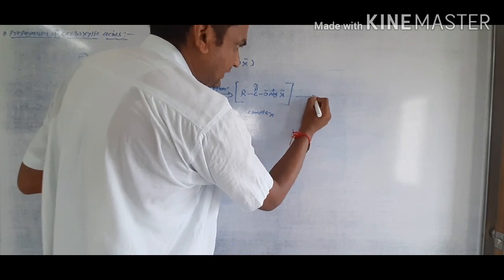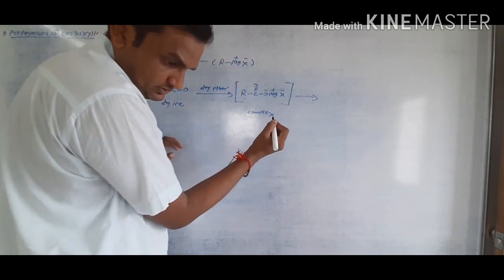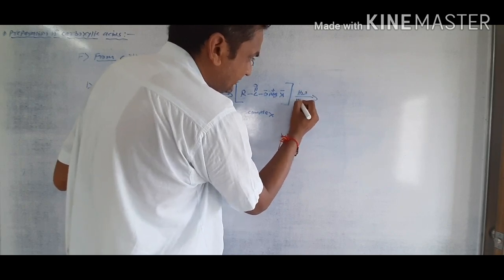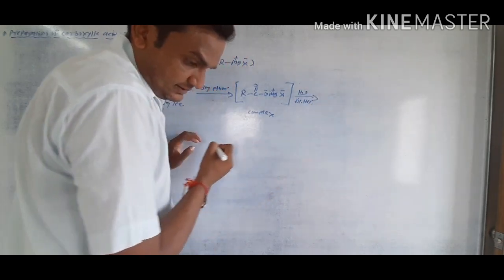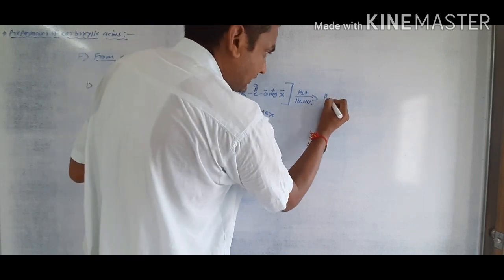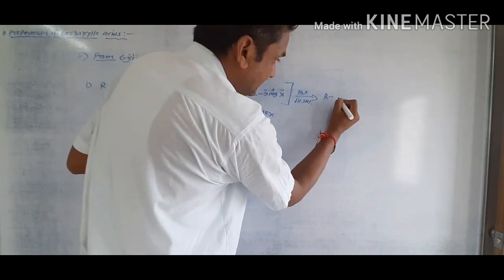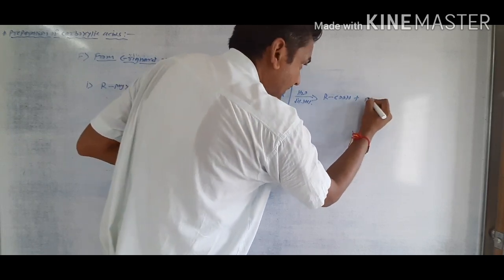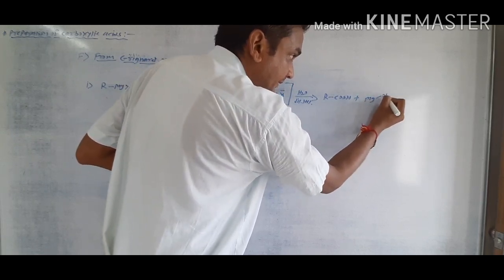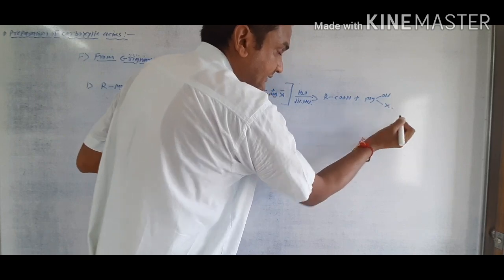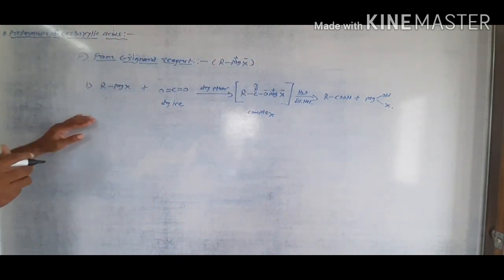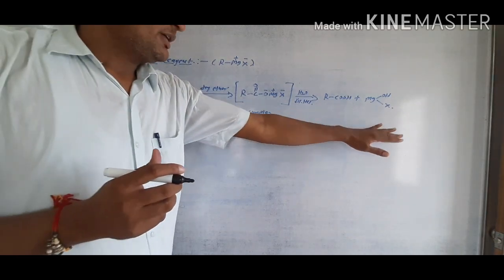This complex on acid hydrolysis in presence of dilute HCl gives RCOOH plus MgOX and X. This is the most important reaction for the preparation of carboxylic acid by using the Grignard reagent.